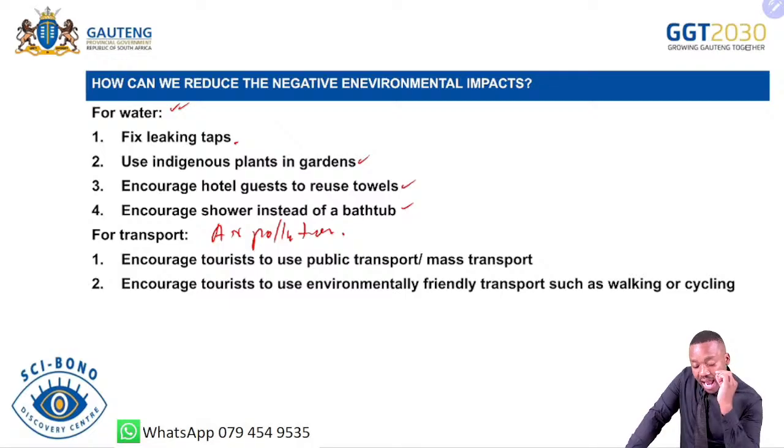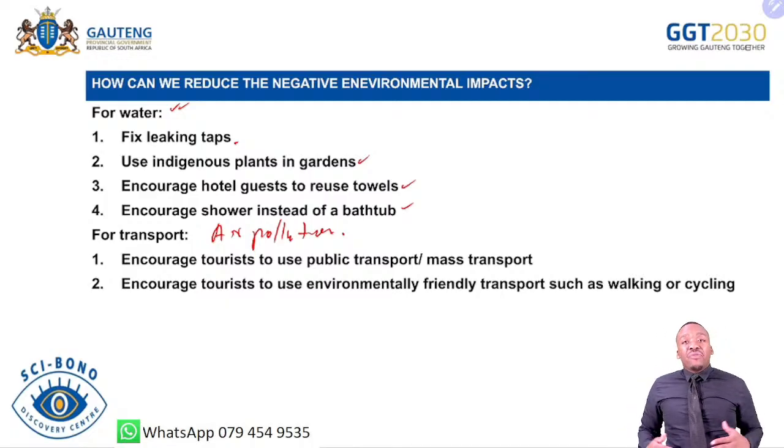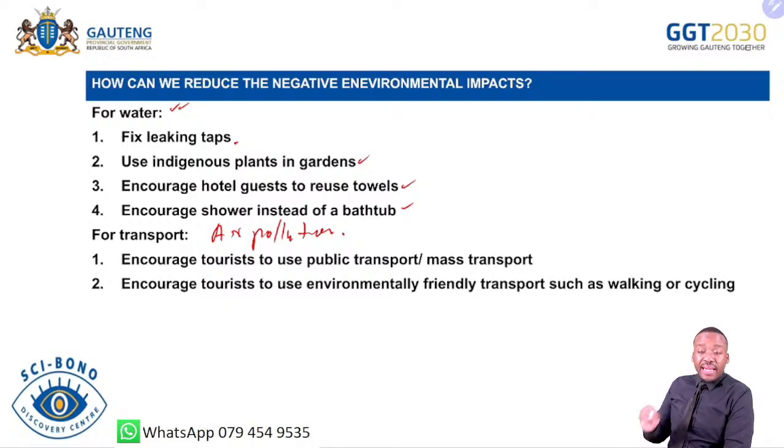We are saying encourage your tourists to use public transport or mass transport. There we talk about buses. Instead of each of us using our own car, maybe how about we use one transport to take us from one destination to the other. In that way, we will contribute less towards air pollution.